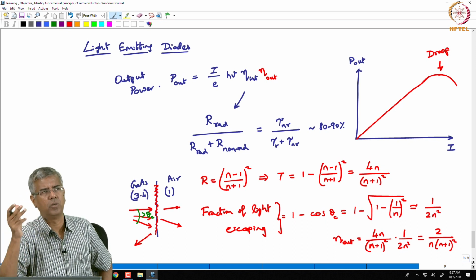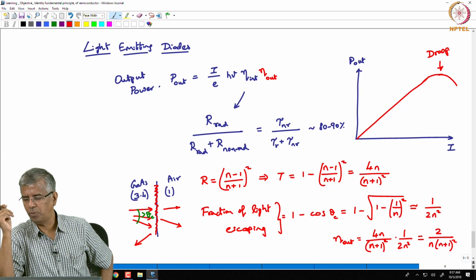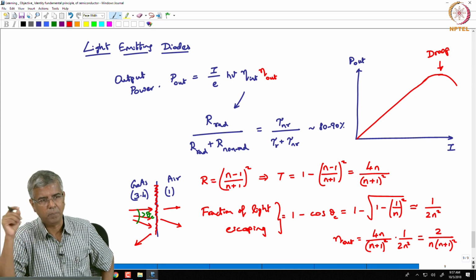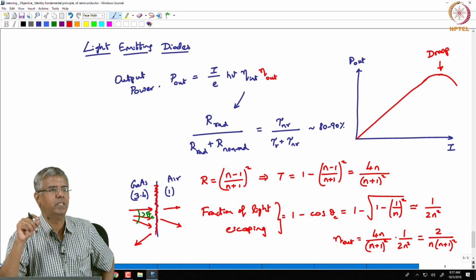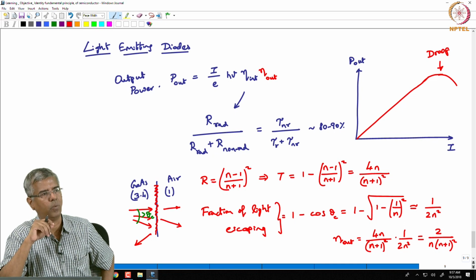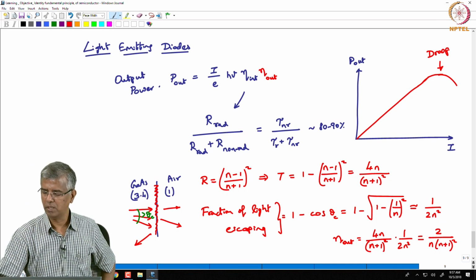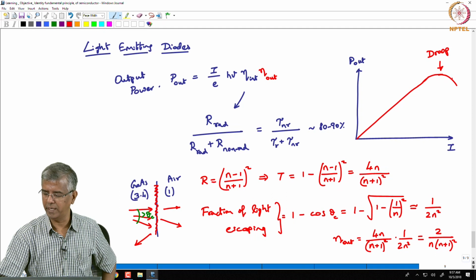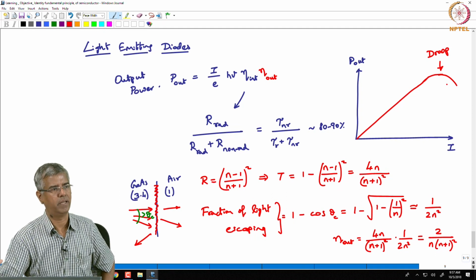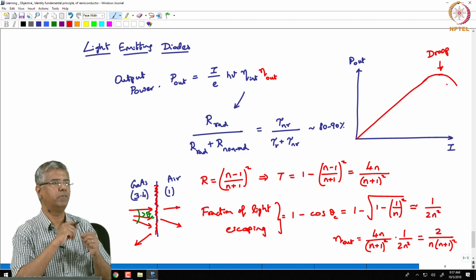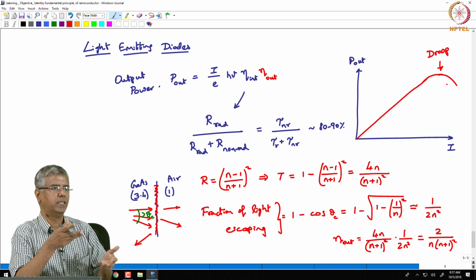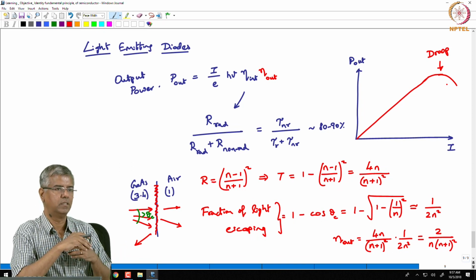These days people talk about 8 watt, 10 watt LEDs being available, but these are typically multiple LED elements. Each LED element is maybe only less than a watt, because as you go to very high carrier densities in the recombination region, the active region, the carriers end up colliding with each other, and so they generate a lot of heat rather than light, okay.